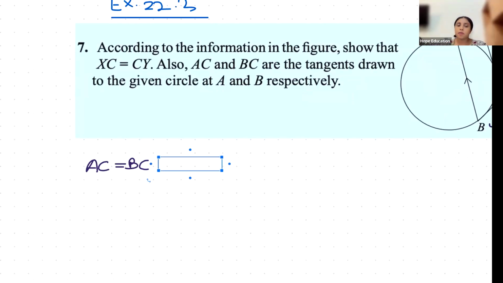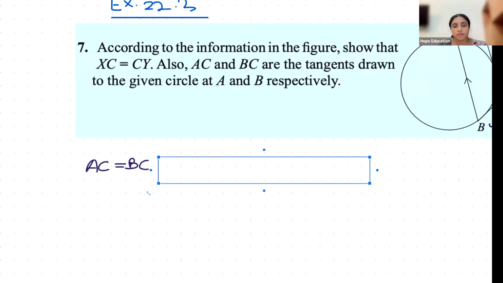We learned that when two tangents are drawn from an external point, they are equal in length. Write it simply: if two tangents are drawn from an external point, they are equal in length. Therefore, AC is equal to BC.